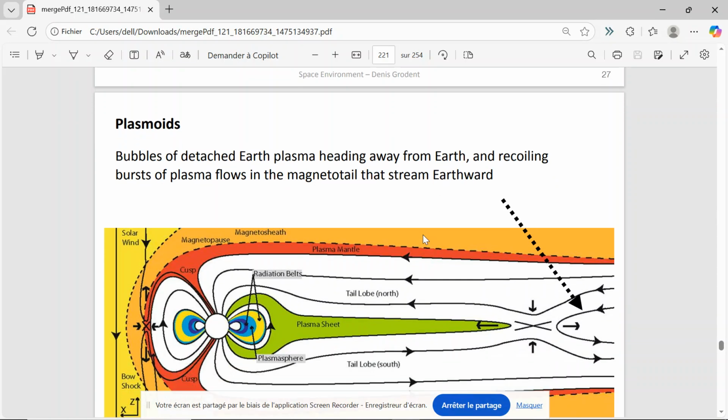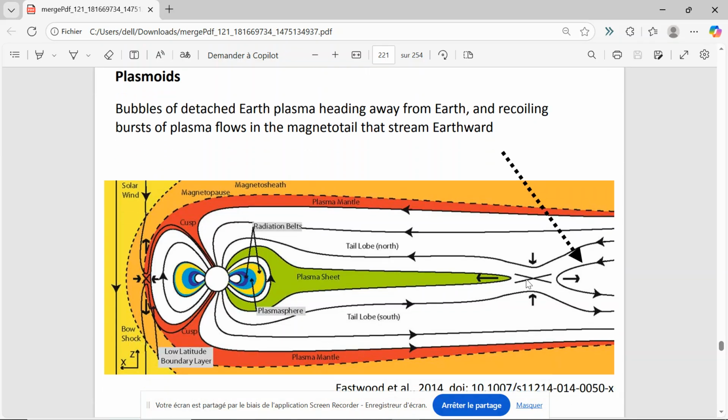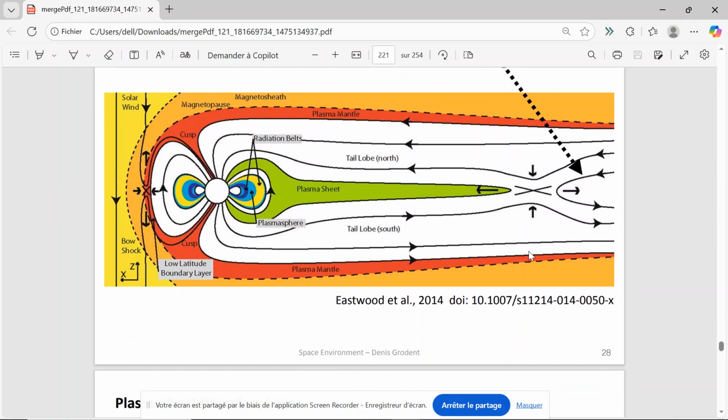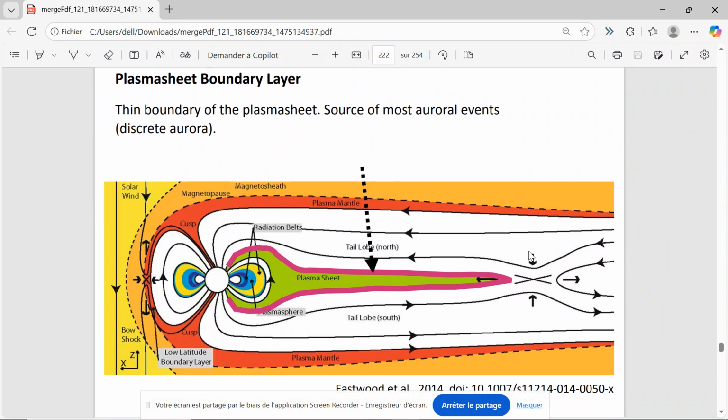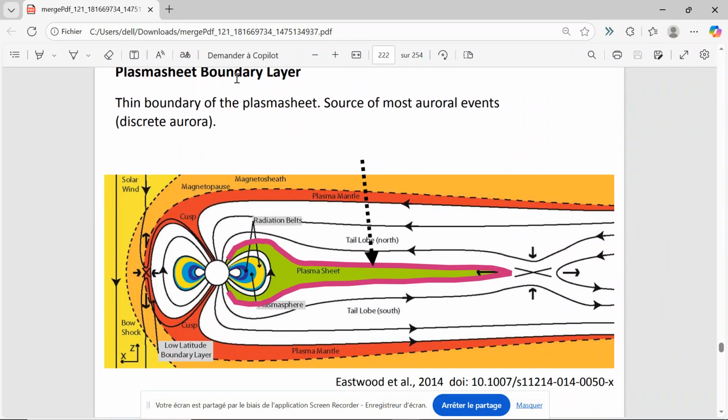We get the plasmoids. Plasmoids are induced by the reconnection of the magnetic field lines, pushing a burst of plasma towards interplanetary space. This boundary of the plasma sheet is the source of most auroral events.